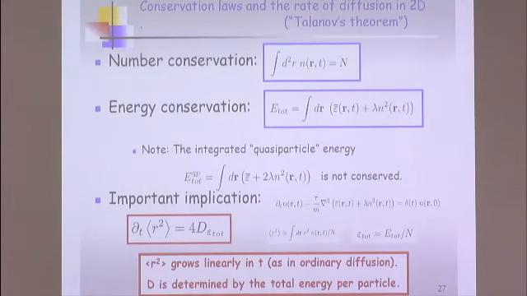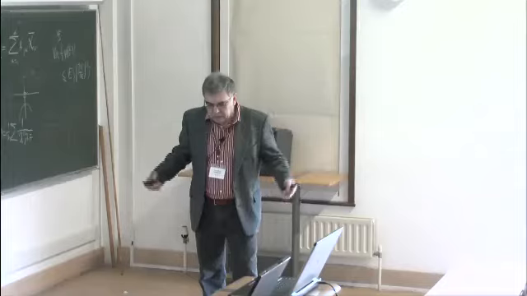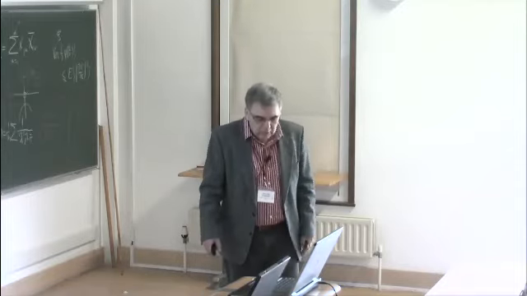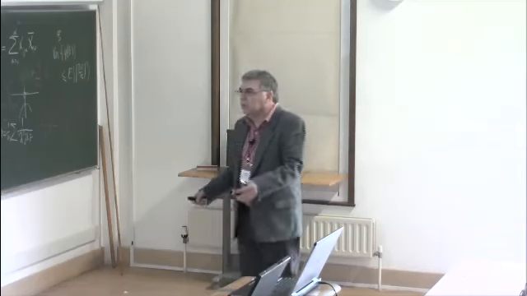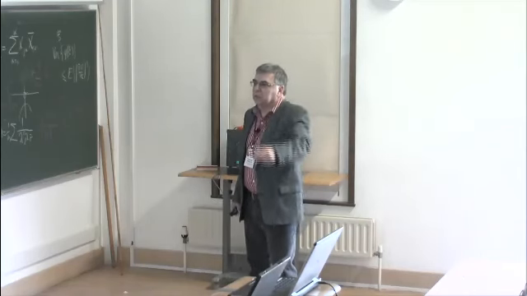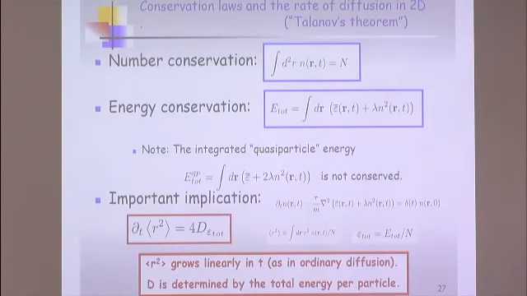So despite the fact that the nonlinear part attempts to lead to an explosion, actually the picture in this diffusion case appears to be more complicated, and there are no explosions, but just an ordinary kind of diffusive expansion with this rate. But it's possible to prove this kind of connection between the square radius and the energy conservation only in the case of 2 dimensions.